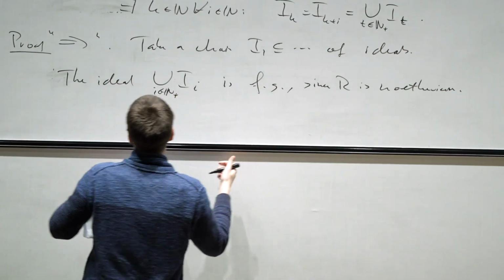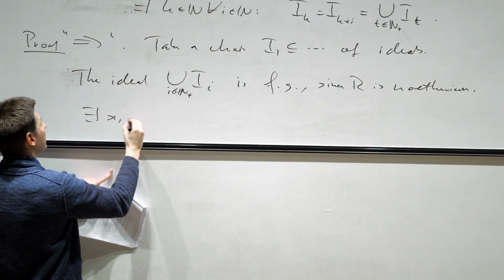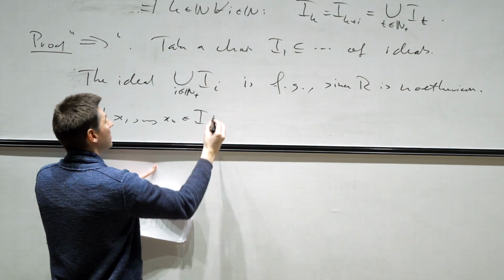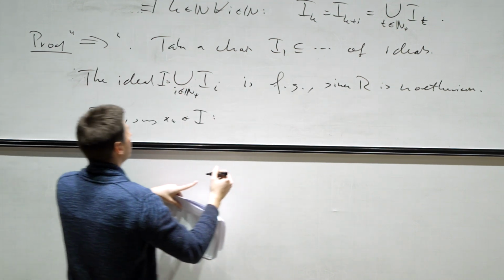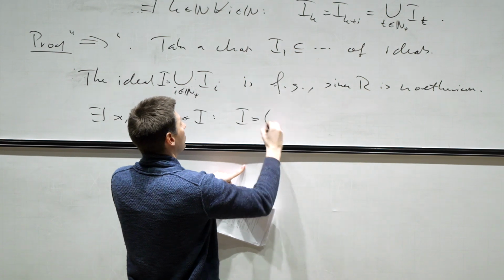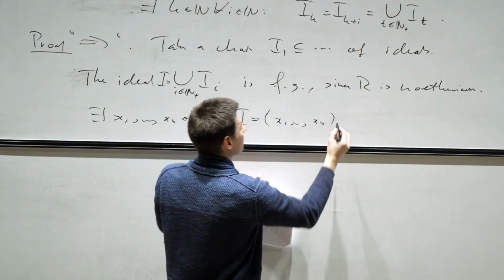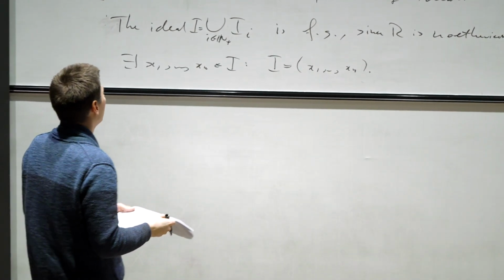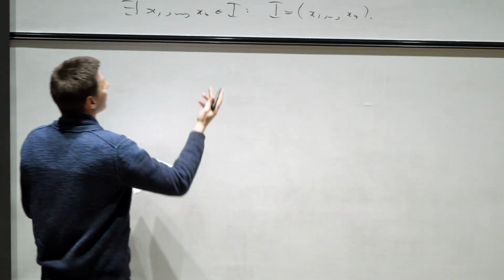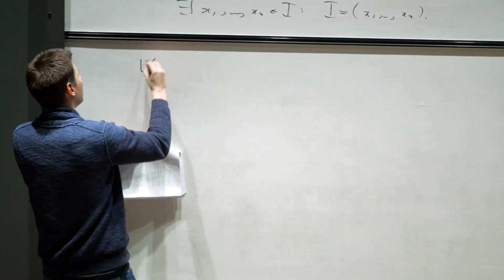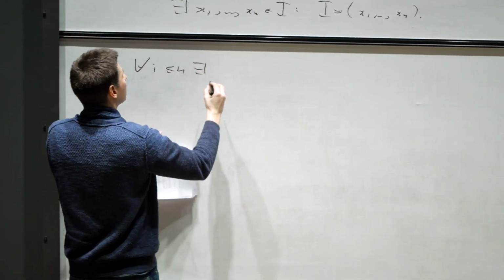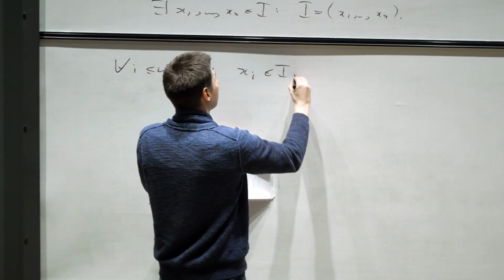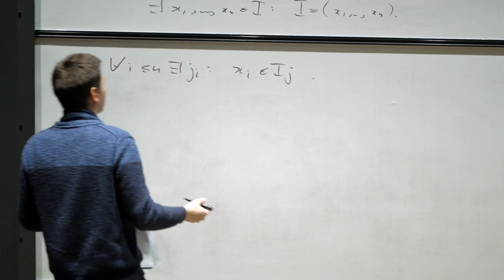What does this mean? It means that there exists a collection of elements x1 up to xn in I, calling it capital I, such that I is equal to whatever they generate. It's just the definition of being finitely generated as an ideal, as a module. But now each of them has to appear somewhere. It's a union, so for every i at most n, there exists j_i such that x_i appears in I_{j_i}. Now we just take the max.